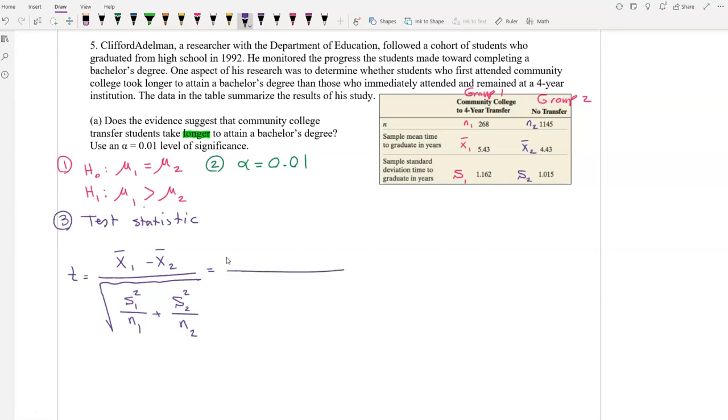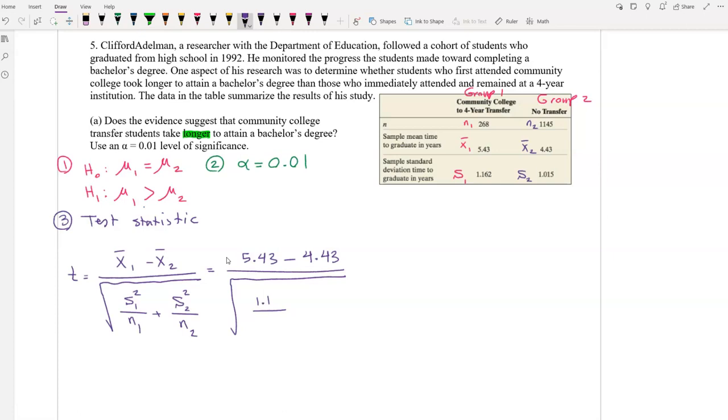So based on what is given on the table, we have x bar 1 is 5.43 minus x bar 2, 4.43, divided by the square root of standard deviation.